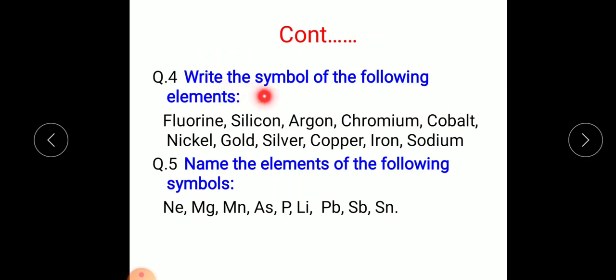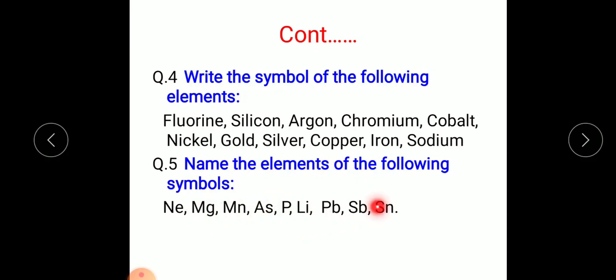Question number 4, write the symbols of the following elements: fluorine, silicon, argon, chromium, cobalt, nickel, gold, silver, copper, iron, sodium. Next, question number 5, name the elements of the following symbols.